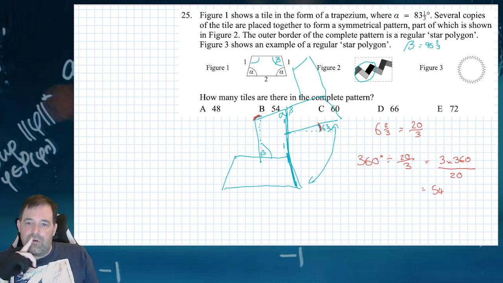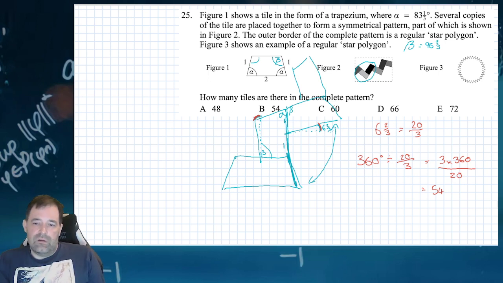Now I think I've gone wrong here, because I thought that would get me, that's 2 tiles to get a twist. Oh. Because it takes 2 tiles before you twist, and then 2 tiles before the next twist. So I thought it would be 108.